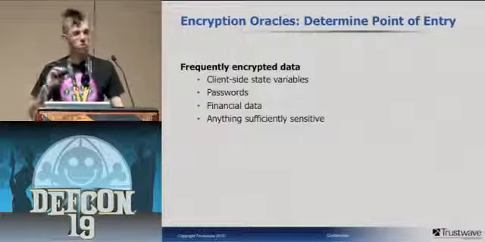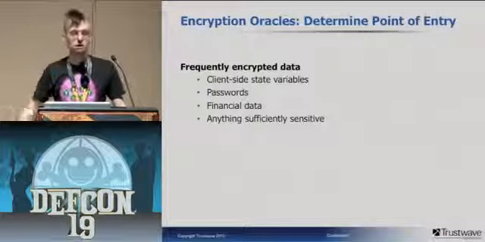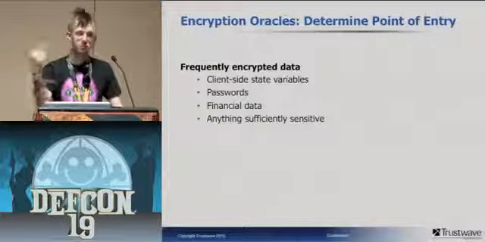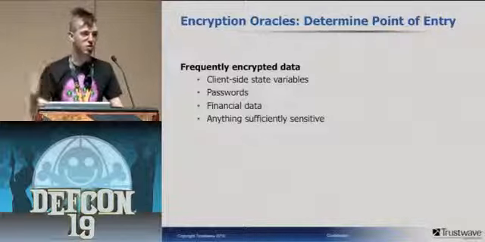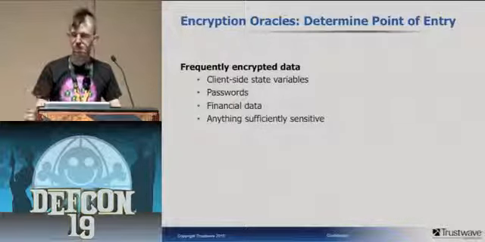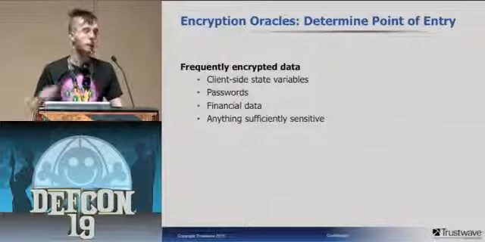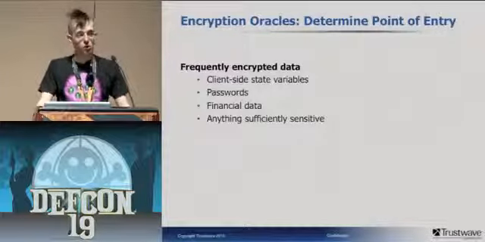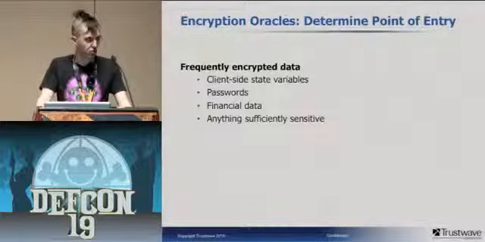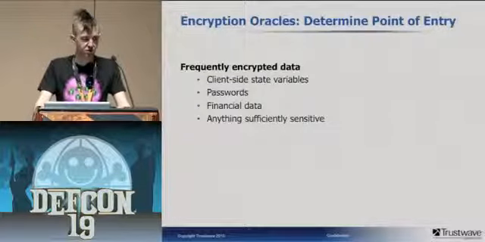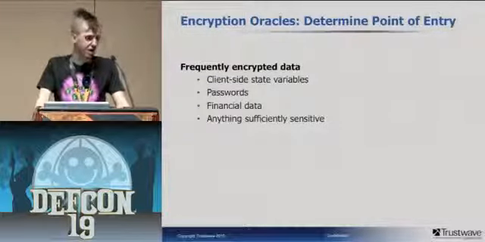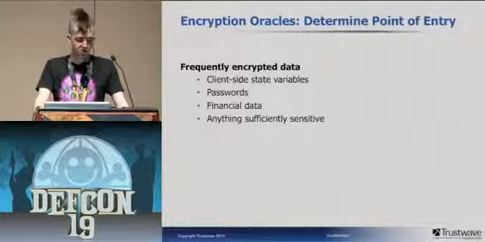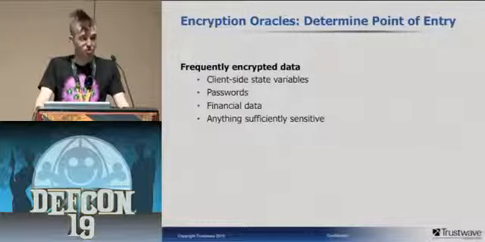So some people will say, okay, well, let's encrypt the data and then give it to the client, and they'll pass it every time they're making a request. That way we'll keep the state, we'll keep the session variables, but we won't have to hold on to them. So if you control part or all of that, you have an encryption oracle. For instance, the view state in ASP.NET is frequently a partial encryption oracle.